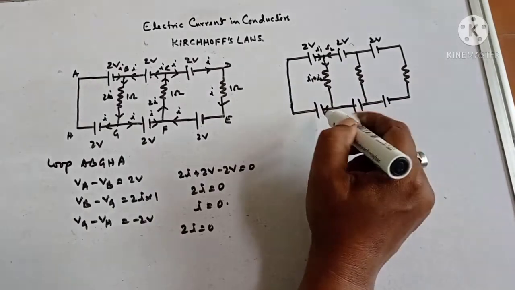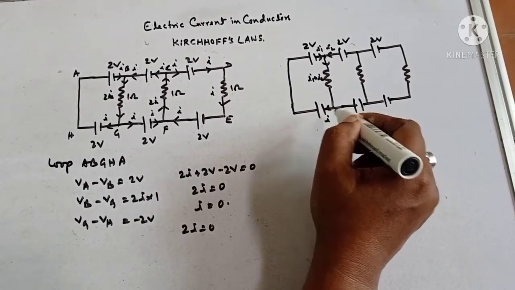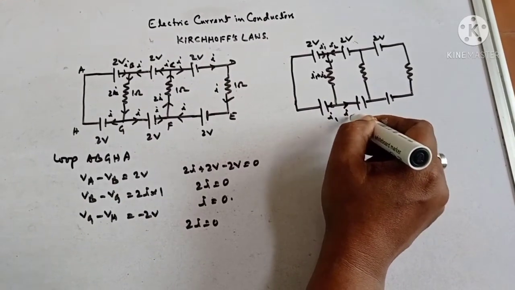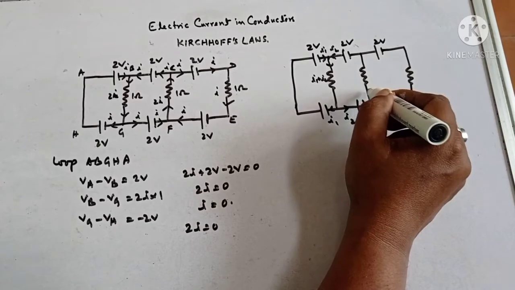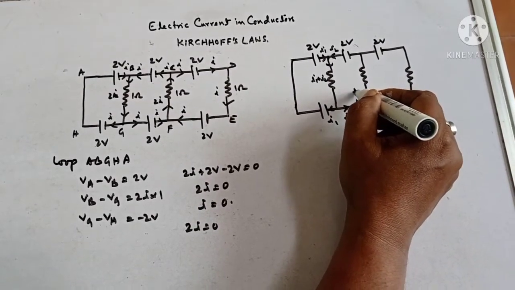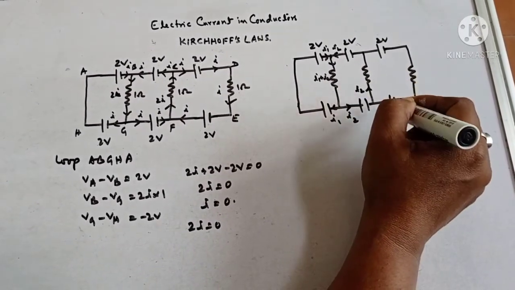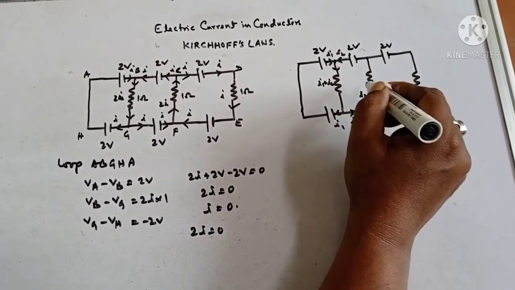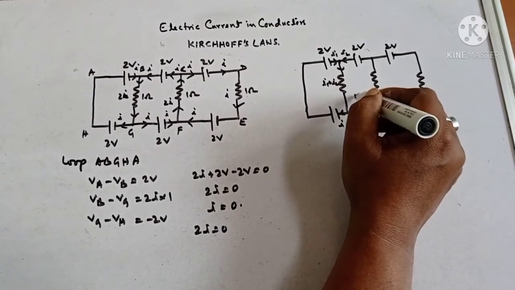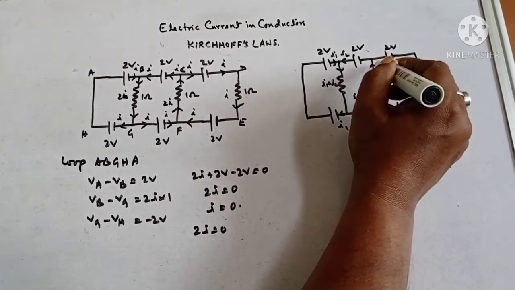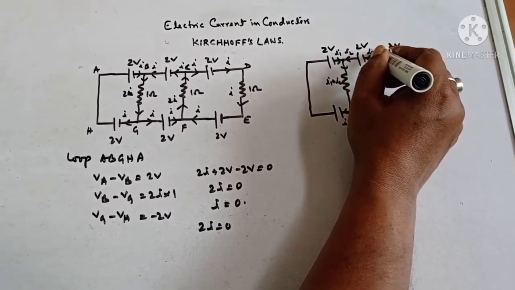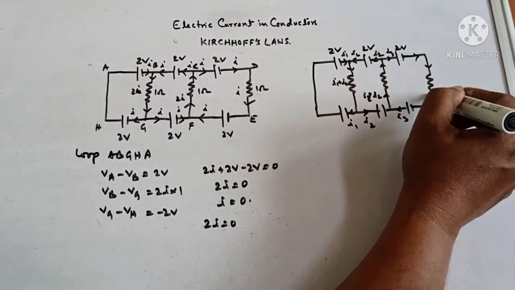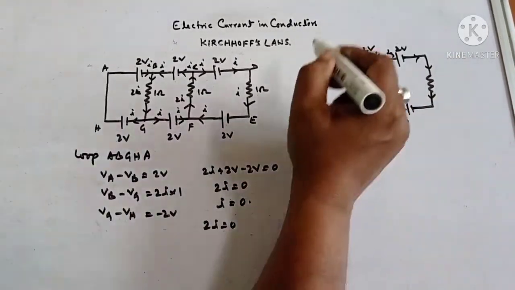And again here this will be I1, and I2 current will flow here. And again here I2 current will be flowing, and from here you can take I3 current, so this will be I3 plus I2. And here again you get I2 current and this is I3 current, and the flow of the current is like this. So you can do the problem like this also.